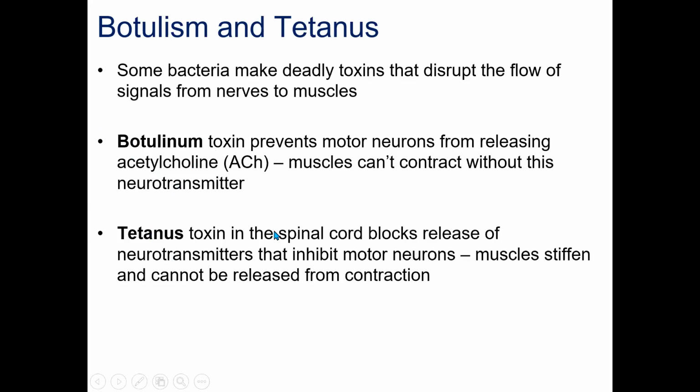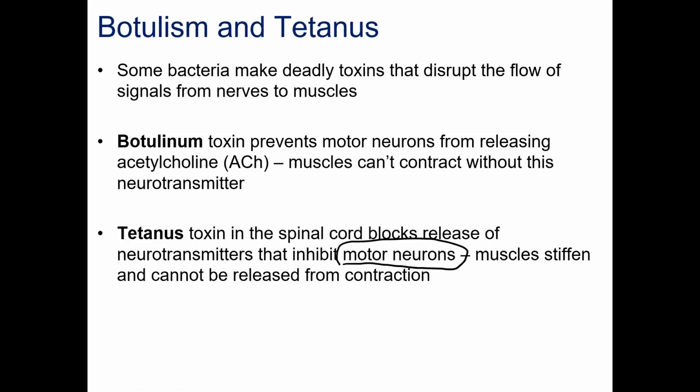Tetanus is another one, and this one will block the release of neurotransmitter that inhibits motor neuron. Okay, so this one is a little bit complicated to understand. So first of all, motor neuron is going to allow you to do contractions, right?